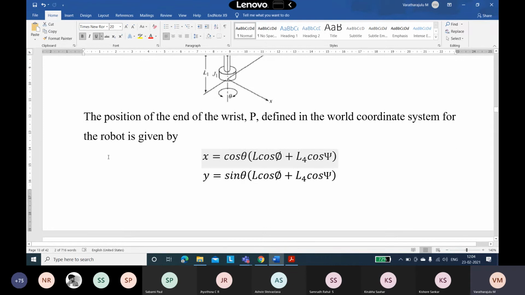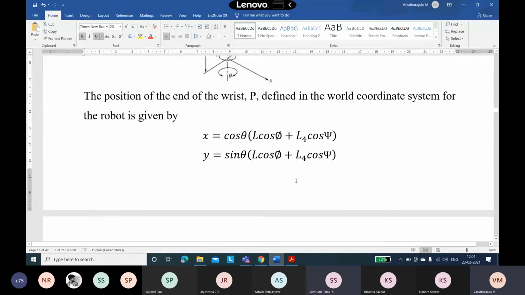Please make a note of this X and Y in the world coordinate system, or world space. X is equal to cos theta times (L cos phi plus L4 cos psi). Y is equal to sin theta times (L cos phi plus L4 cos psi). I will show the diagram, sir.